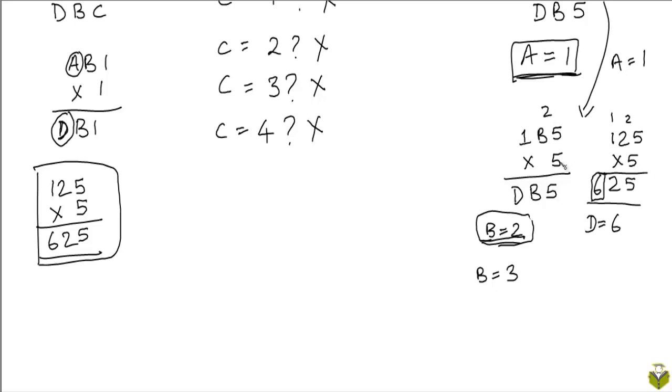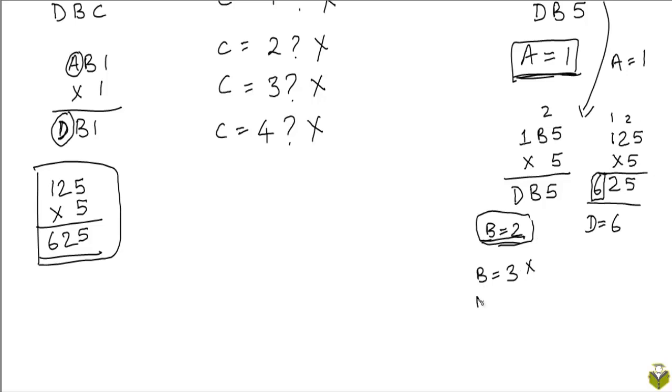And then when 5 is multiplied by 3, over here, the product would be 15. 15 plus 2 would be 17. So we would write a 7 over here and a 1 and a carry of 1 propagated to the next position. So if B is 7 over here and if B is 3 over here, that's clearly not consistent. So B cannot be a 3.